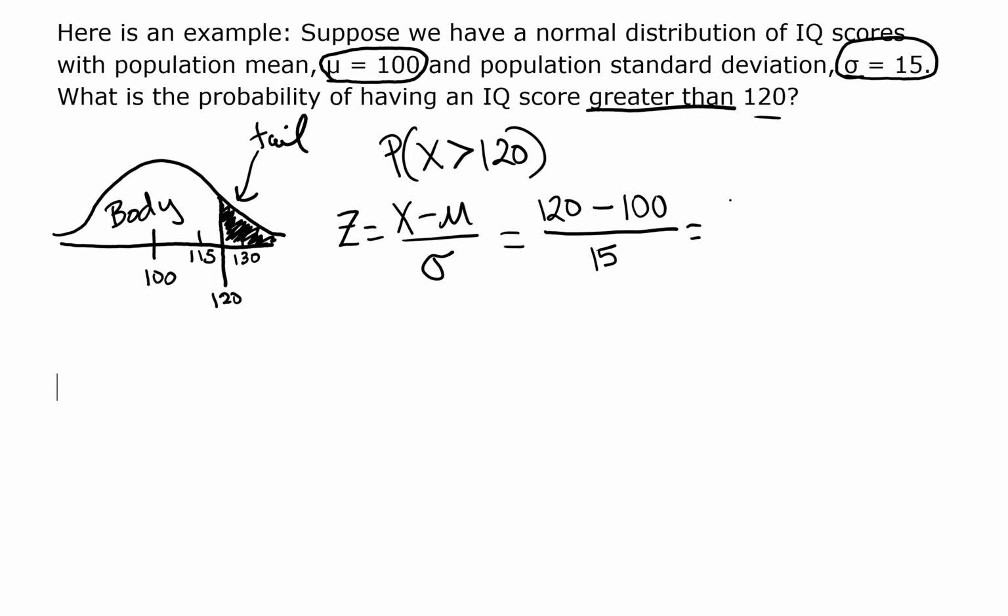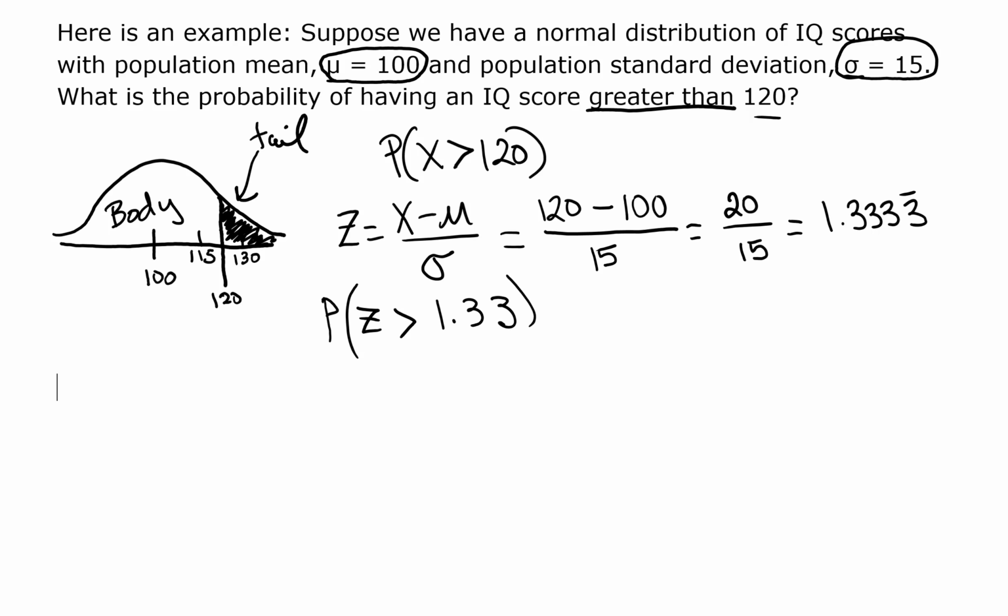This gives us 20 divided by 15, which is 1.3333 repeating. So we're looking for the probability of Z greater than 1.33. Remember that in the unit normal table, we're given z's to the hundredth, so we round this to 1.33 so that we can look up the probability in the unit normal table.